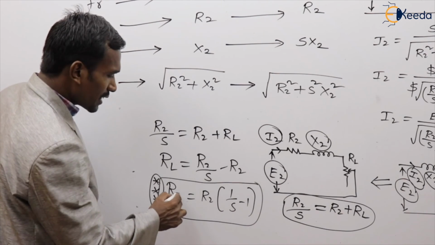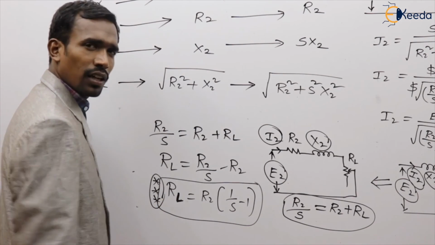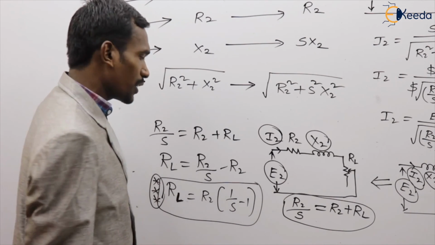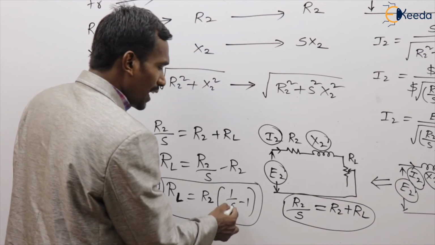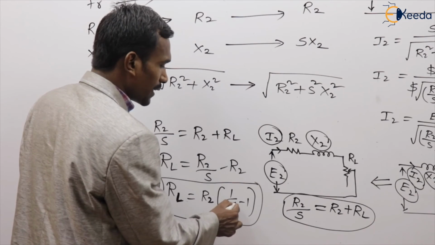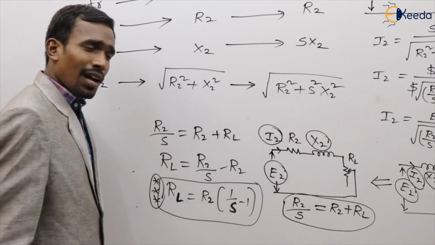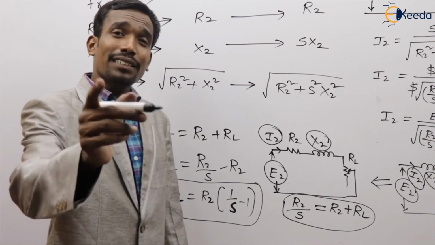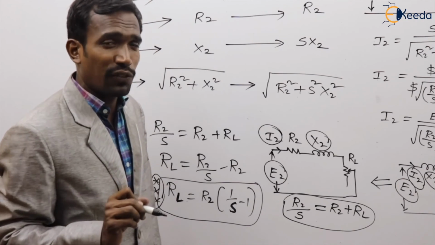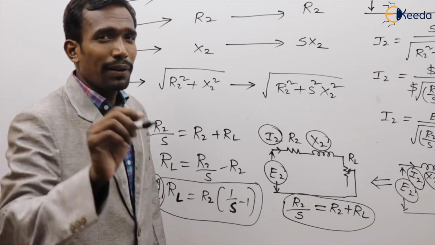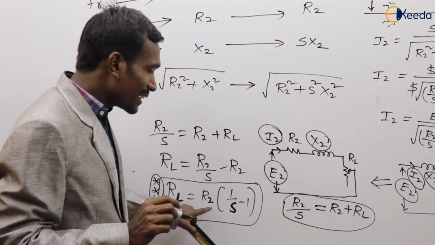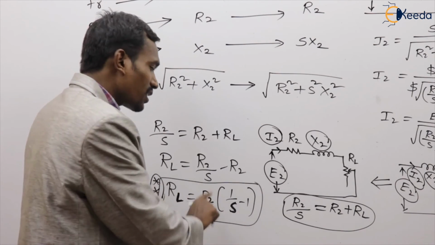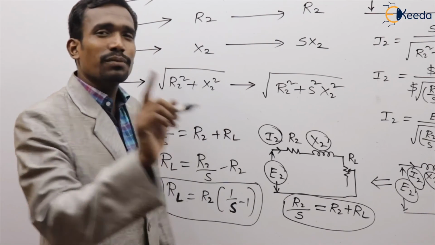The load resistance of the induction machine depends on the circuit resistance as well as on slip. Load resistance also depends on the slip value. So the load resistance is equal to the rotor resistance into (1 by S minus 1).